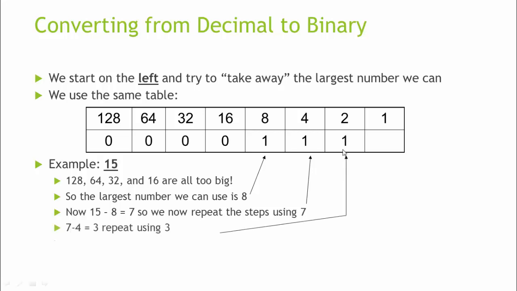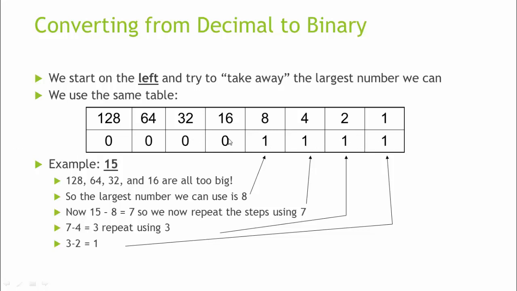With 3, we're going to need a 2 for that. We subtract 2 from 3, we have 1 left over, and so we need a single 1 as well. So when we're finished, 1 minus 1 equals 0. Good, we've got it taken care of. We've taken care of the entire number. So 15 in decimal is 1, 1, 1, 1 in binary.